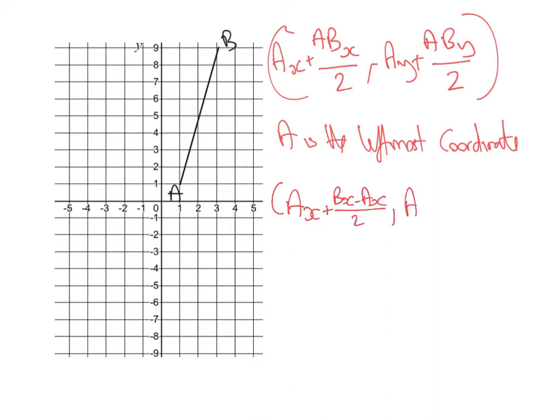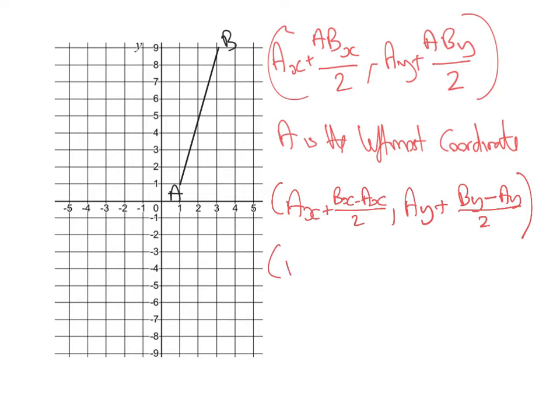And similarly for Y, we did BY minus AY, over 2. Now, to eliminate mistakes when working out the difference, we need to understand that sometimes we may get it the wrong way around, and a difference doesn't have a sign.